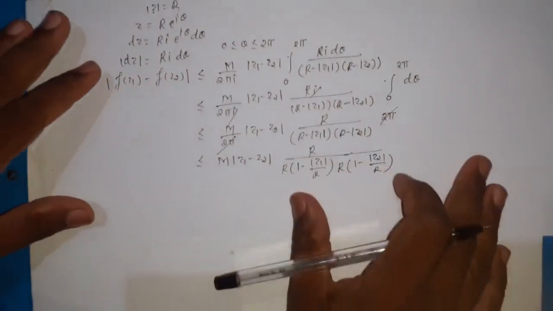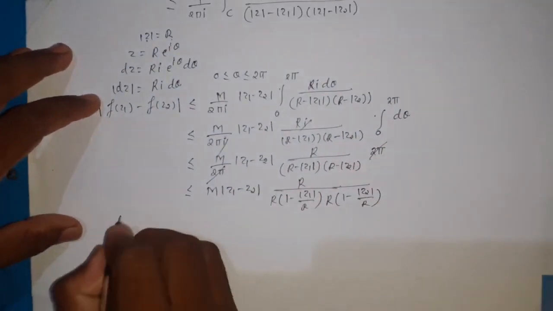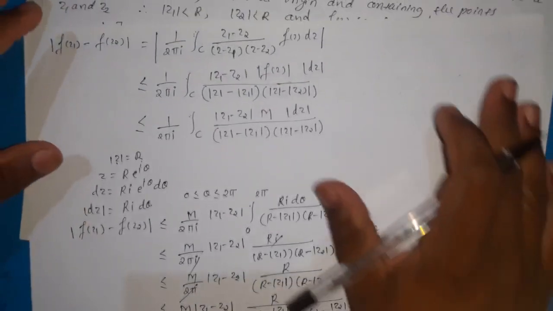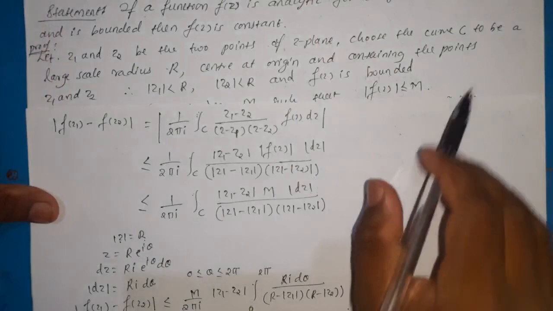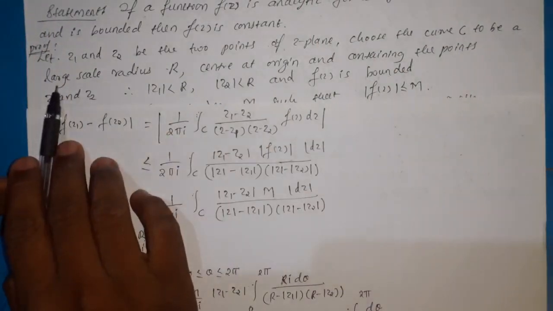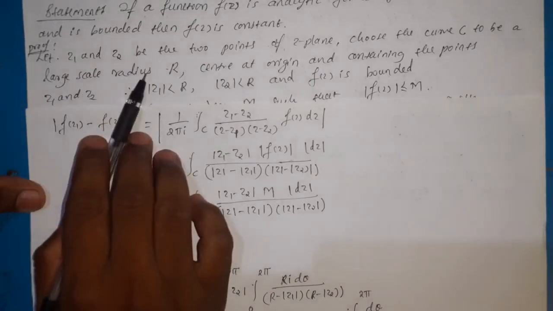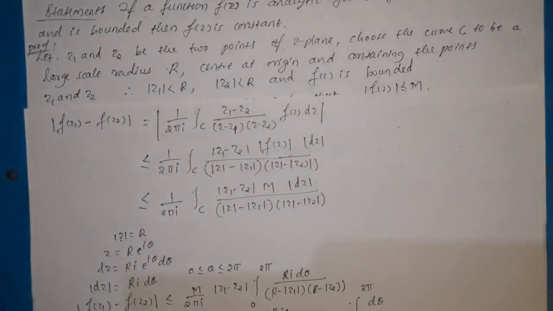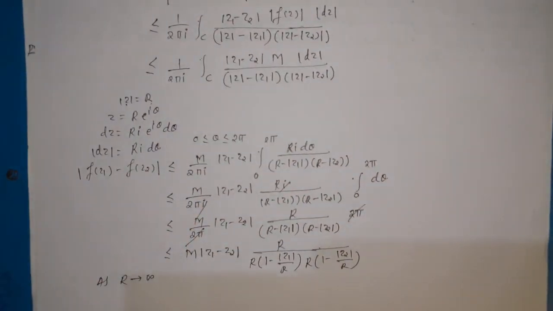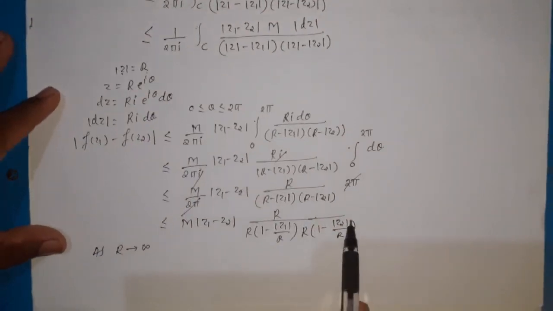And now, as R tends to infinity, because here C is a curve of large radius, so R is large. So whenever R tends to infinity, this total term becomes 0 because R and R get cancelled, right?